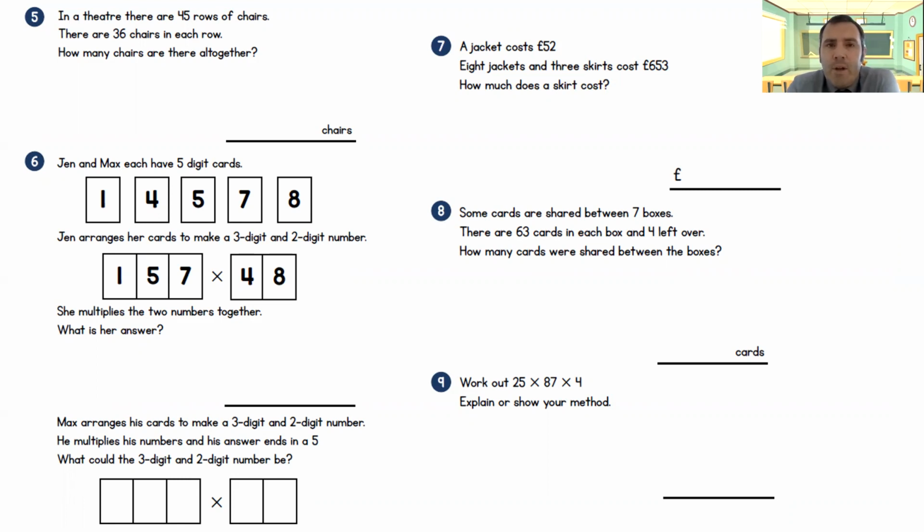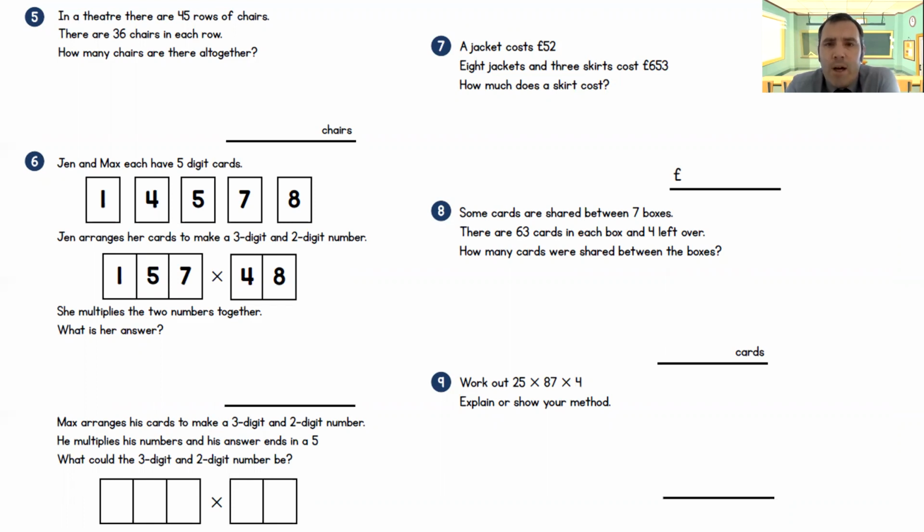Question 7. A jacket costs £52. 8 jackets and 3 skirts cost £653. How much does a skirt cost? Question 8. Some cards are shared between 7 boxes.